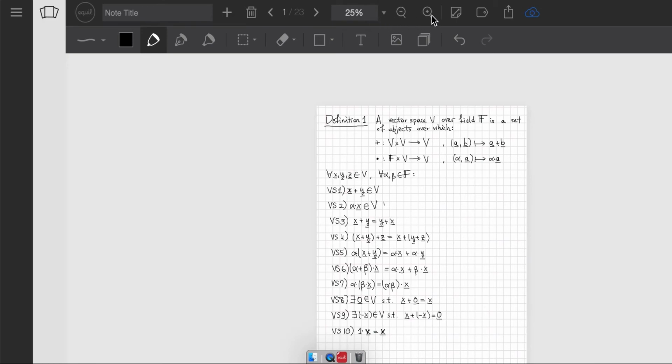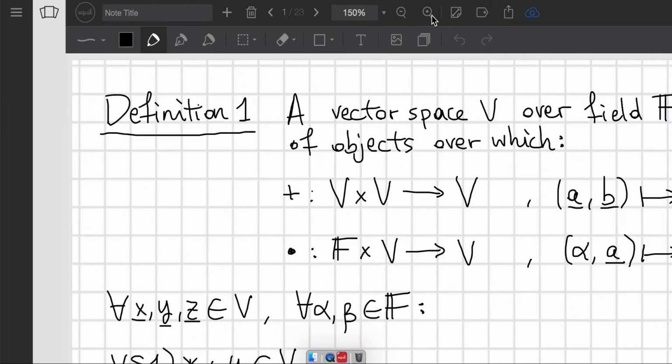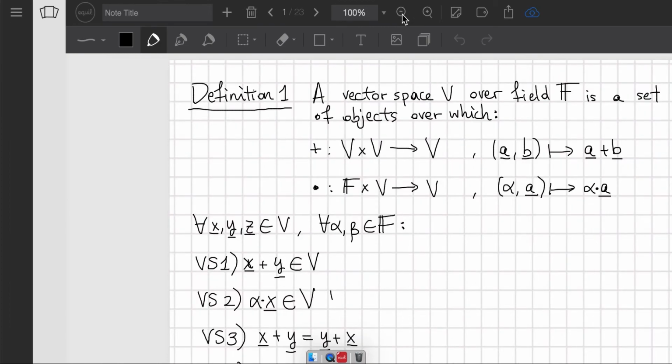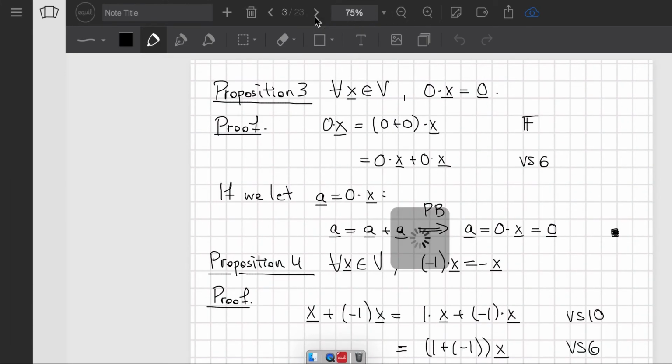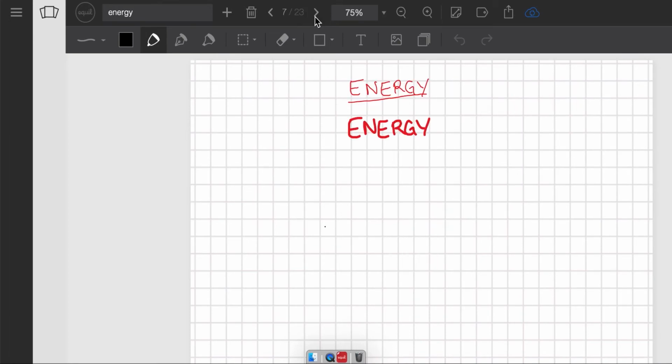Okay, so these are the ones that we do have to prove. The other ones are just immediately true because W is a subset of V.